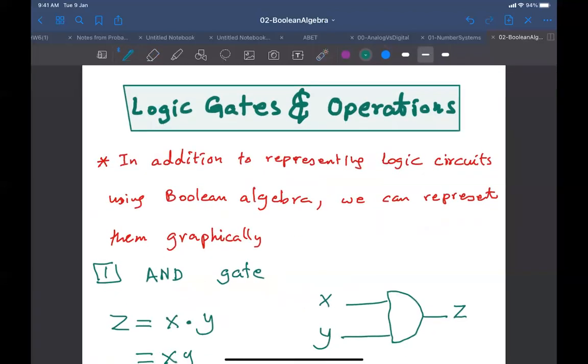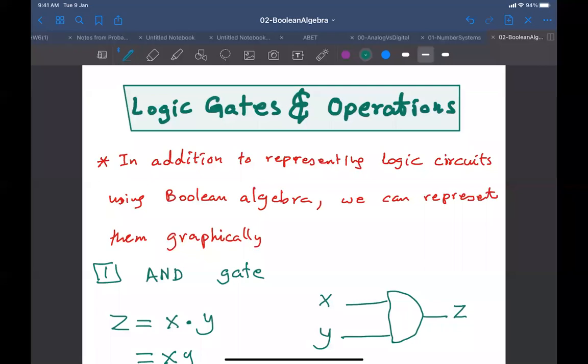So now we discuss the logic gates. Remember that when we say logic circuits or digital circuits or logic gates, we really mean electrical circuits.